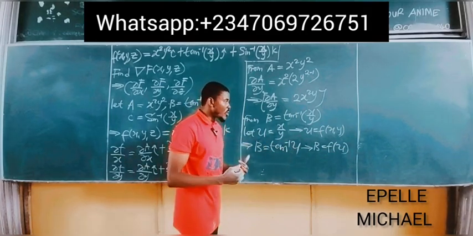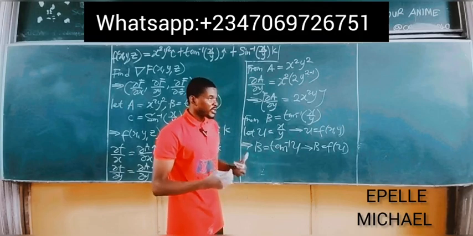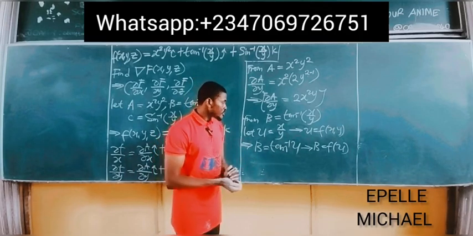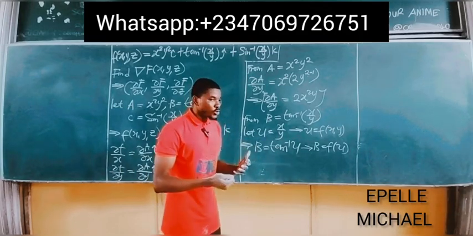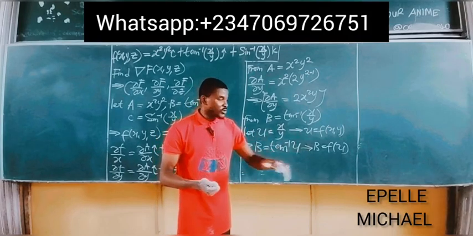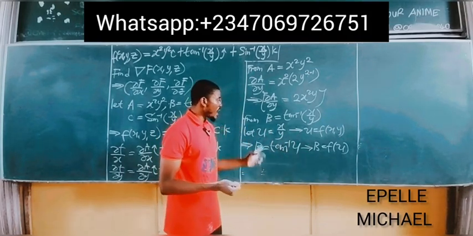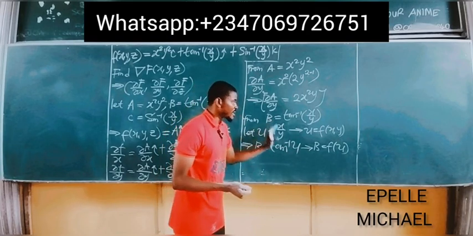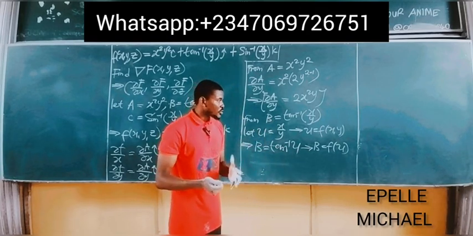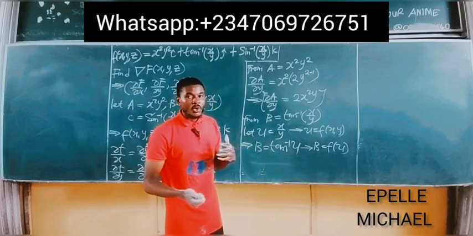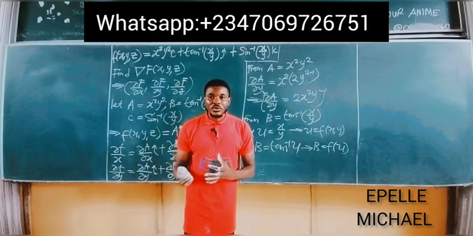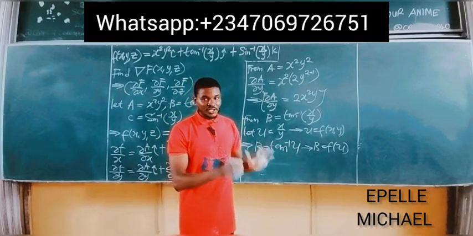Now, this is actually called function of a function in calculus. When we have a function to be a function of another function, it is called function of a function. I have b to be a function of u. Meanwhile, u itself is a function of x and y. So this is actually called function of a function. And the only rule which we can use to differentiate functions of function is simply what? The chain rule.